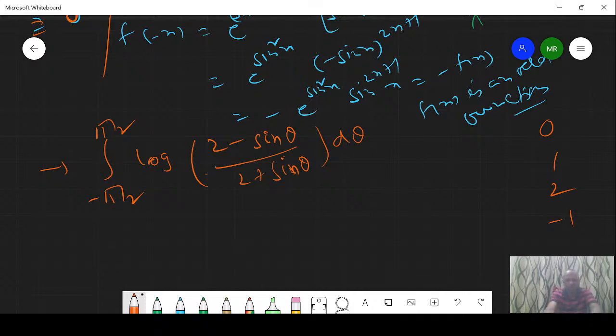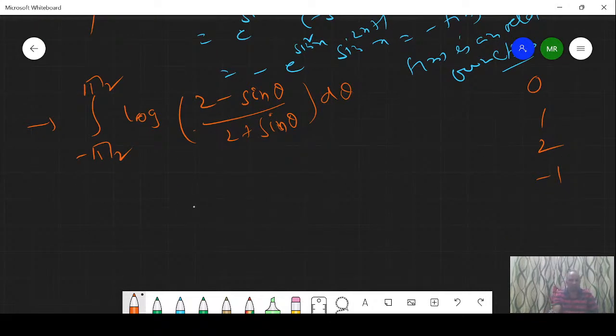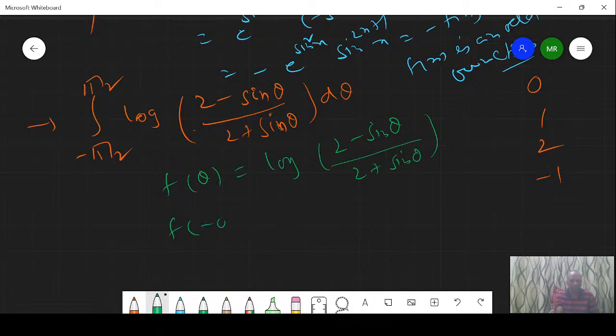Consider the function f of theta equal to log of (2 minus sine theta) by (2 plus sine theta). Now you have to verify by replacing theta with minus theta.